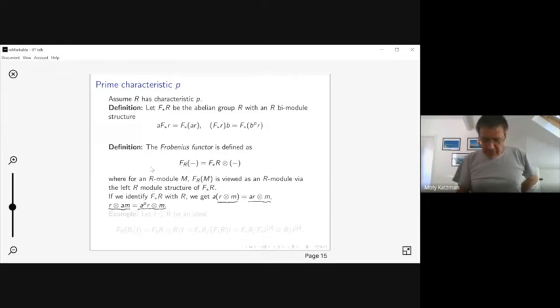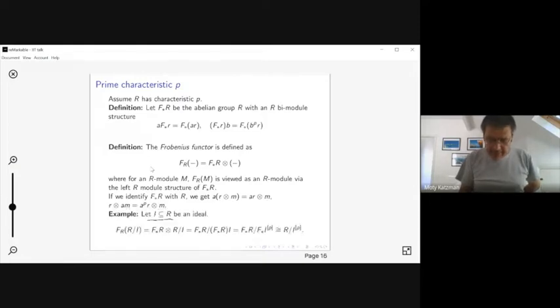Okay, so this all looks very strange. Let me show you an example that may clarify things a bit. Let's take an ideal I in R, and let's compute the Frobenius functor applied to the cyclic R module R mod I. When you do this tensor product, you're taking the quotient by I multiplying on the right F lower star R. What is F lower star R multiplied on the right by I?